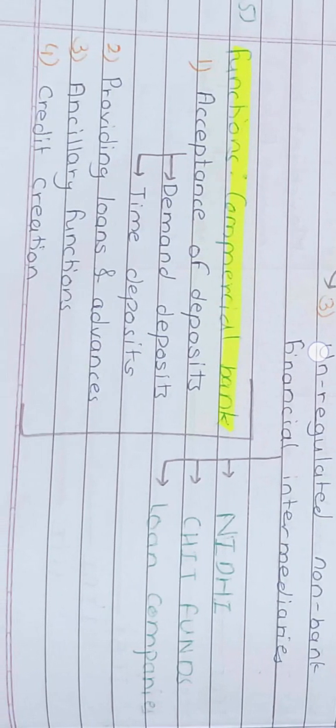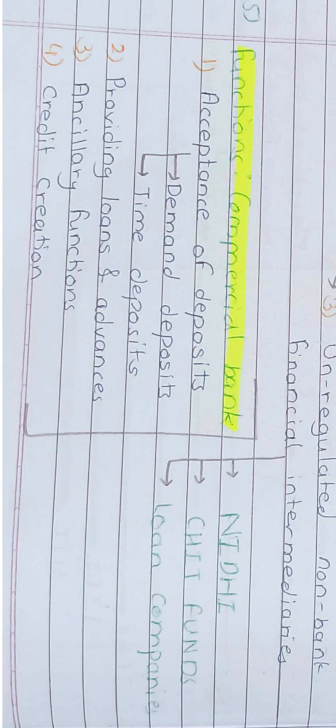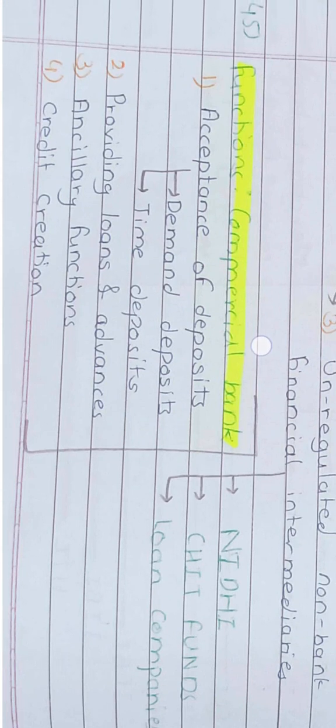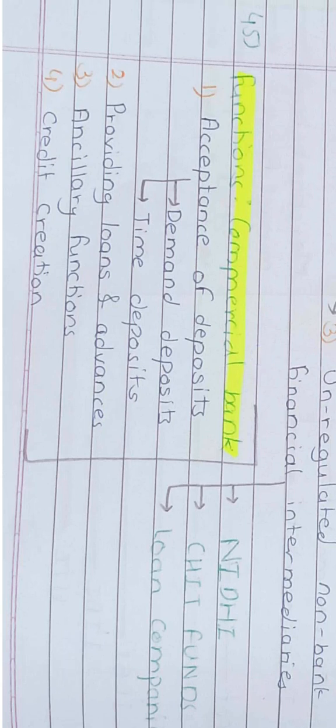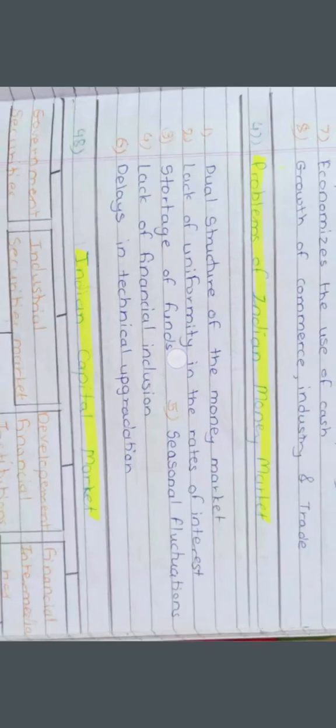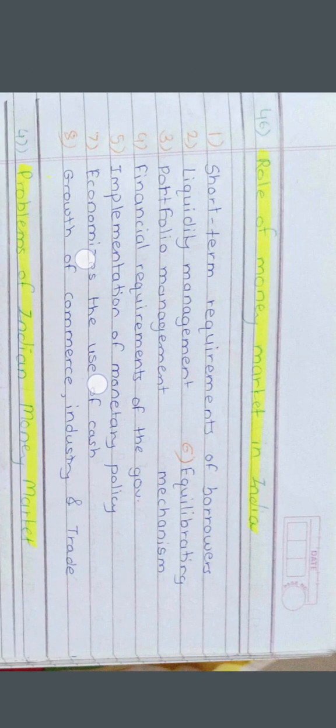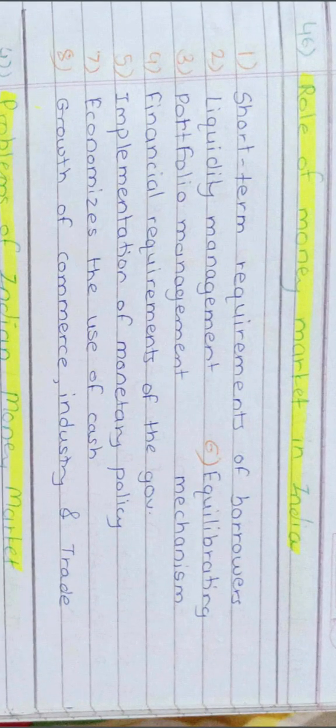Functions of commercial bank: acceptance of deposits, demand deposit and time deposit, providing loans and advances, ancillary functions and credit creation. Next is the role of money market in India. Short-term requirements of borrowers, liquidity management, portfolio management, financial requirements of the government, implementation of monetary policy, economizes the use of cash, growth of commerce, industry, and trade, equilibrating mechanism.